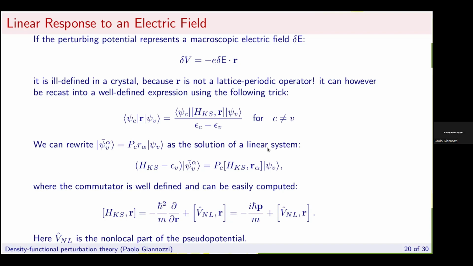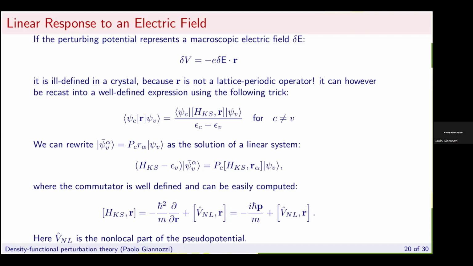So one can use the identity in the second formula here to write the action of the perturbing potential over a Kohn-Sham orbital as in the third formula, exploiting the fact that this 1 over epsilon c minus epsilon v can be transformed into a linear system in which the Kohn-Sham Hamiltonian minus an eigenvalue appears.